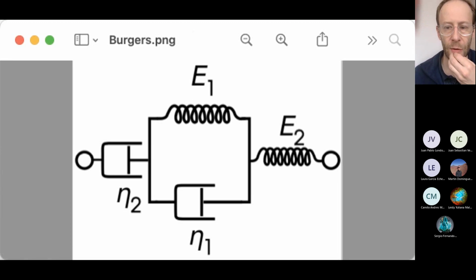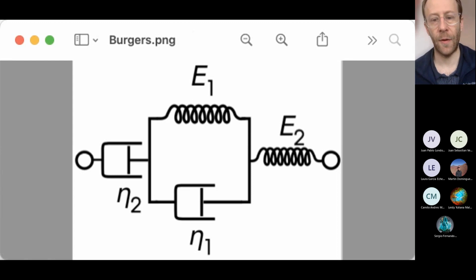I saw that in your exercise number 3, you have to find the constitutive relationship for a specific model, which is kind of a classic for this kind of exercises.